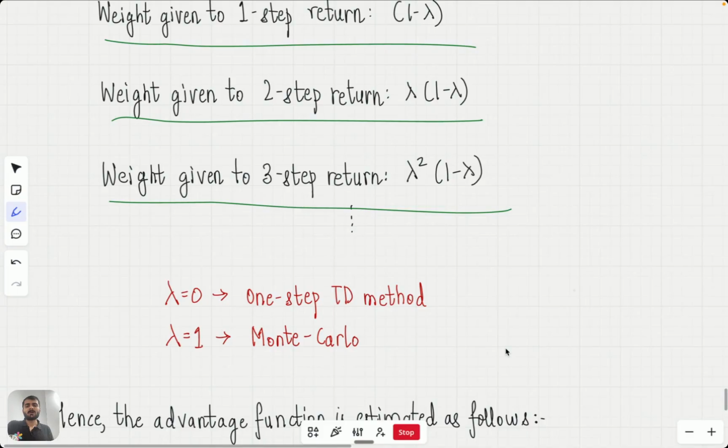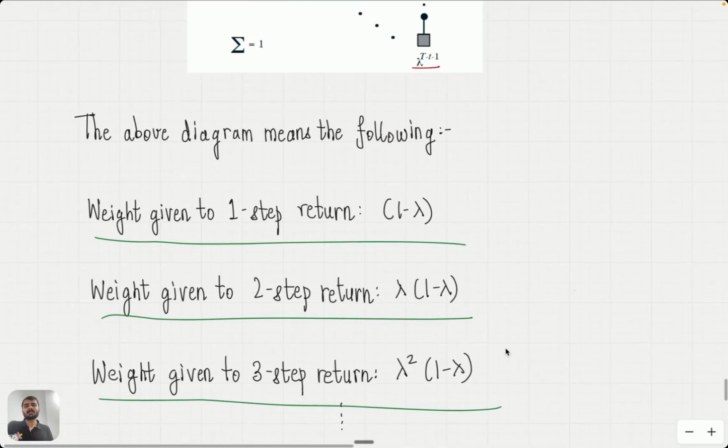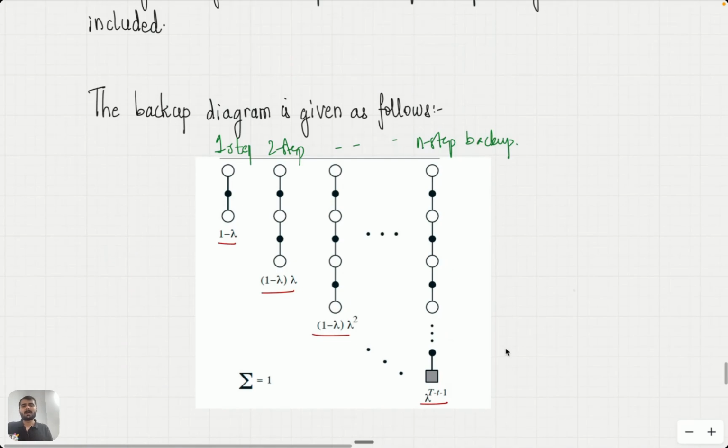Now the interesting bit here is that the parameter lambda allows you to control the switch between the temporal difference target and the Monte Carlo target. For example, if lambda is 0, then because all these terms have a lambda in them, all of them will become 0, and you will be left with the temporal difference target.